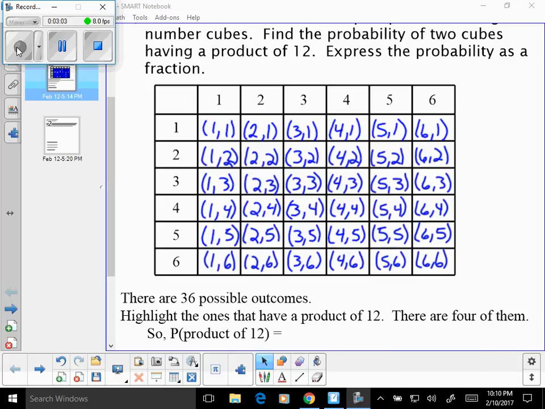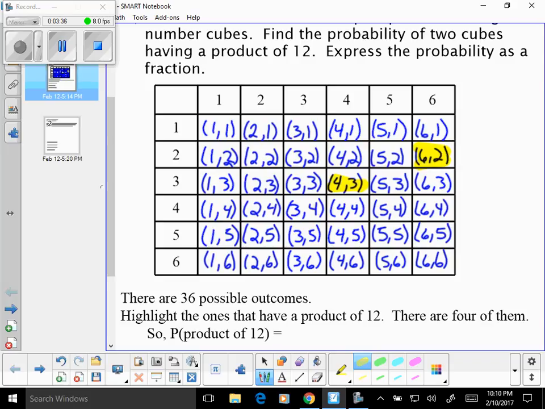Now, we want the product of 12, so we are going to highlight everything that has a product of 12. And I'm going to use yellow. So as I go through this whole first row, nothing is going to have a product of 12. When I go through the second row, it's going to be the 6 times 2. When I go through the third row, I'm going to have 4 times 3.